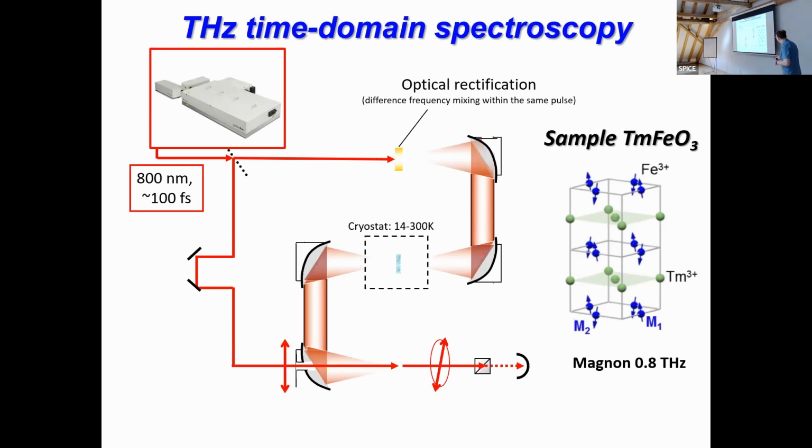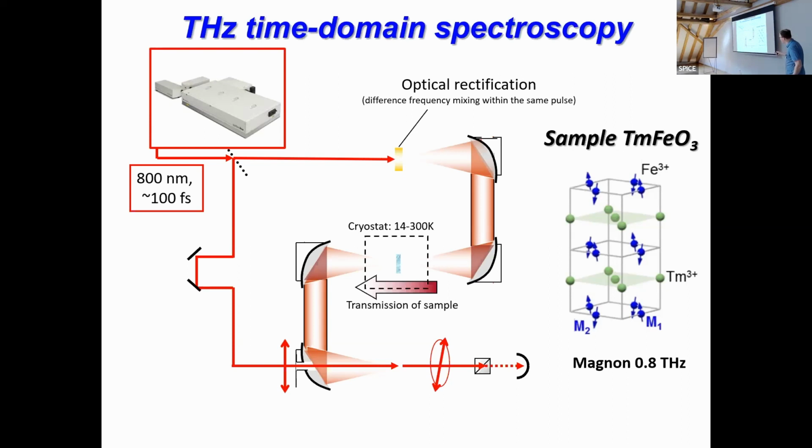We have the femtosecond laser, and then we split the laser beam into two branches. The stronger beam illuminates the electro-optical crystal, which generates terahertz waves, which are then focused onto the sample, which sits inside the cryostat, for example. And we look at how these waves propagate through the sample.